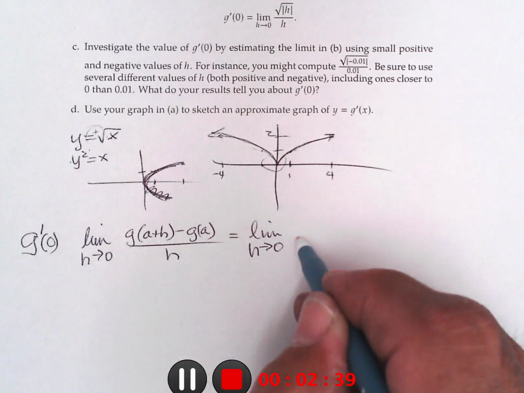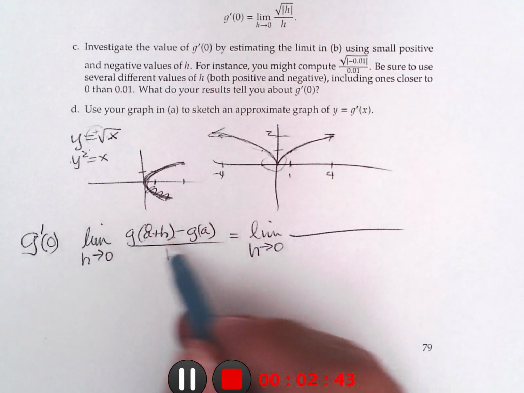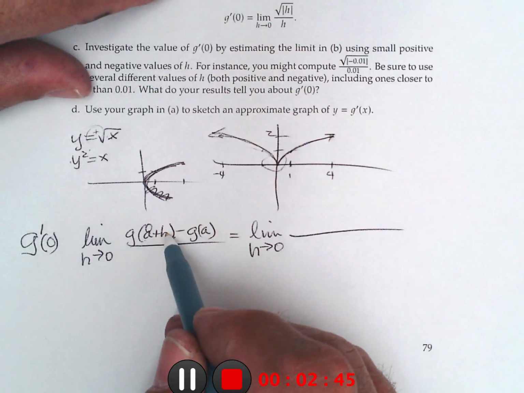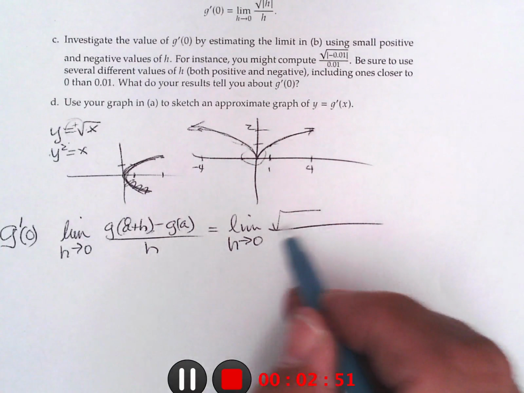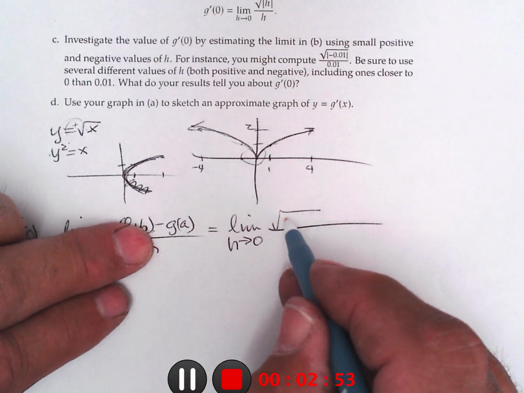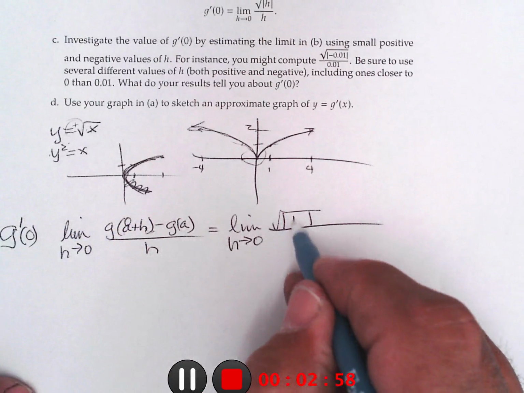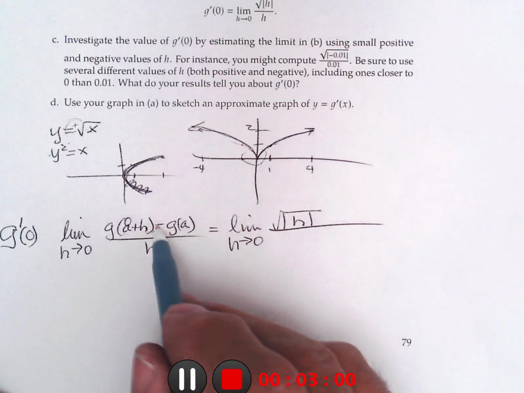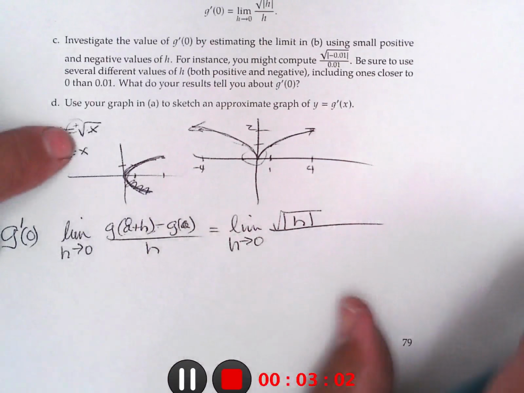G of a plus h would be 0 plus h put into the function, so we get the square root of the absolute value of 0 plus h, which is just h, minus g of 0. If we put 0 in there, the absolute value is 0, and the square root of that is 0, so we get minus 0, over h.